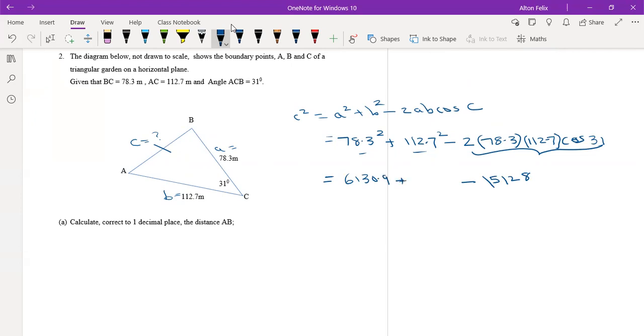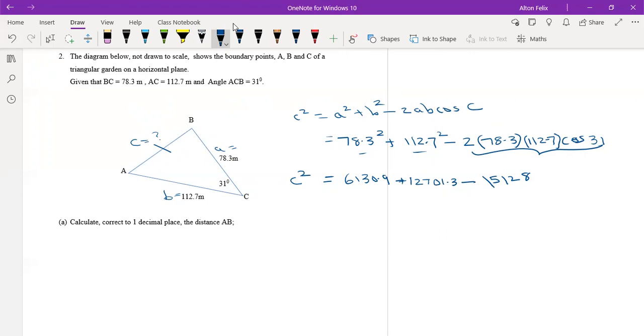And we add in here 112.7 square. This one looks like a big number, boy. Let's take our time with that one. 112.7 square is 12,701.3. Okay, and all of that will be c squared.